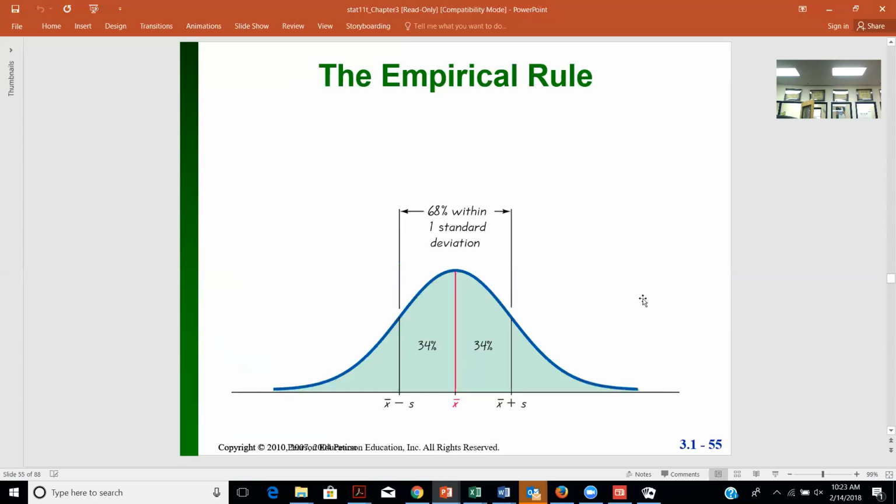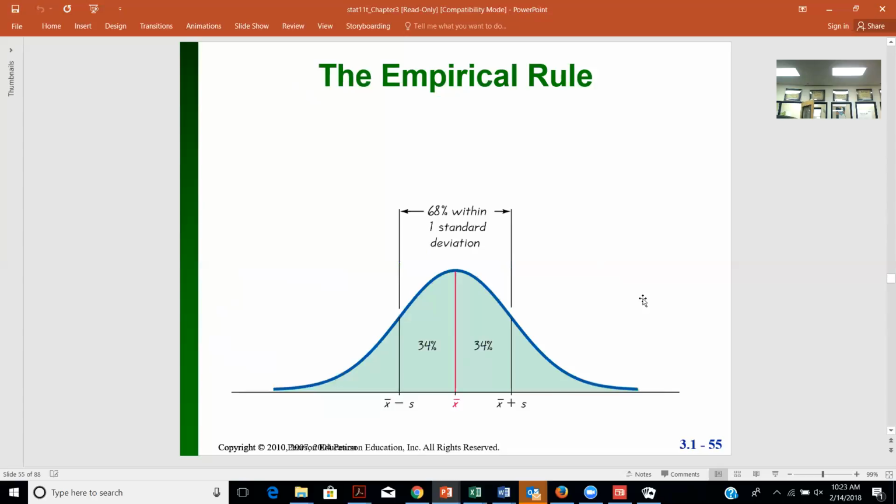we've got -1 and +1 standard deviation. Roughly between these two, 68% of the data will fall.